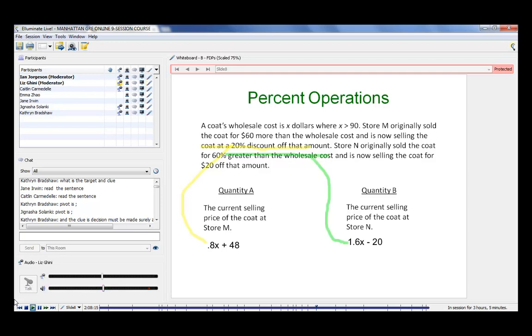Now Emma, why don't you hop on the mic? You got both of them correctly. What was the key to solving this? Because I look at this and I think, oh no, I can't tell. How did you solve? You don't have a mic? That's fine. Why don't you type it to us.